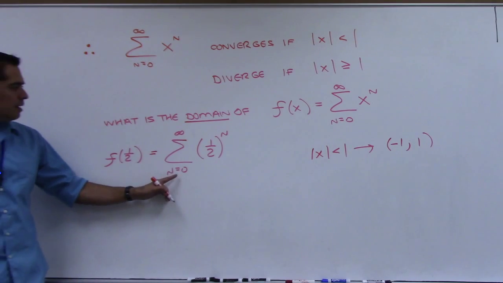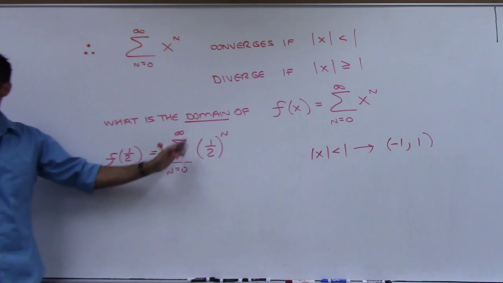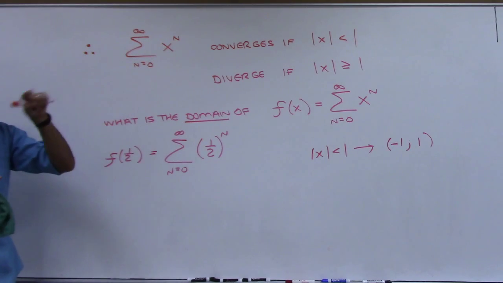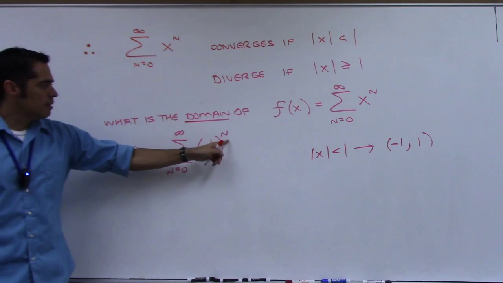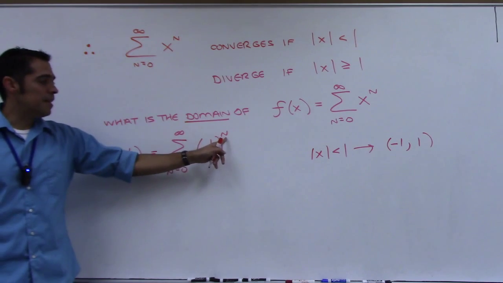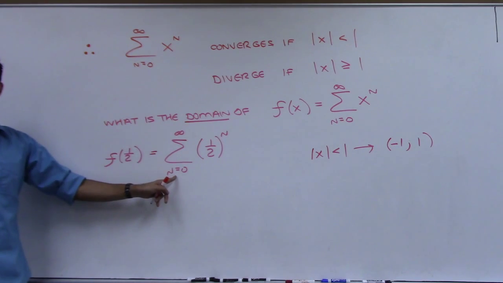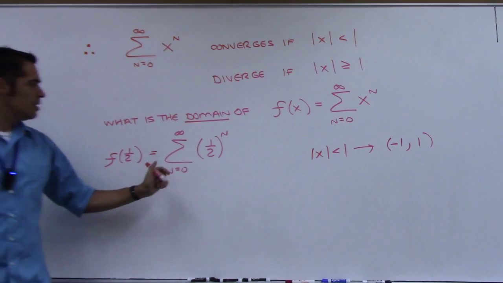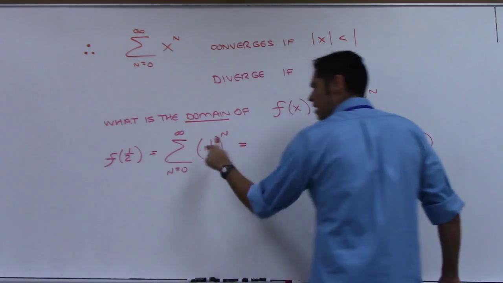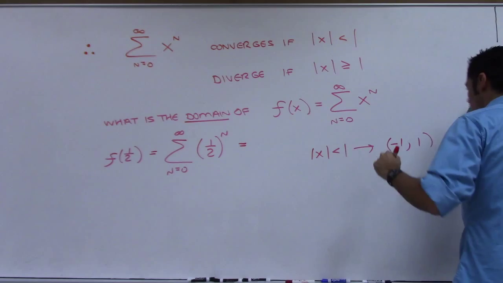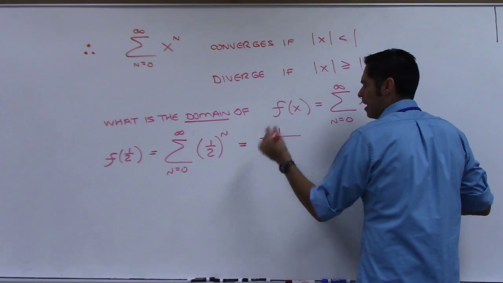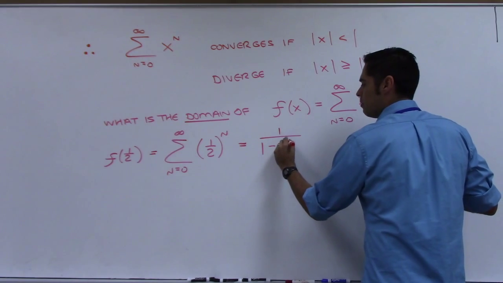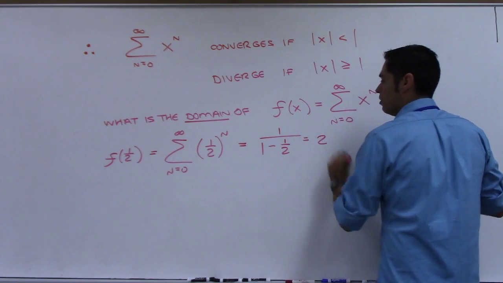Is this one of the proper formulas that I can go straight to the a over 1 minus r? It is. If it's n up here, it has to be zeros to start, right? And so this actually does converge. What's a for us here? 1 over 1 minus r, I mean not r, sorry, x, which is 1/2, and that's just going to be 2.